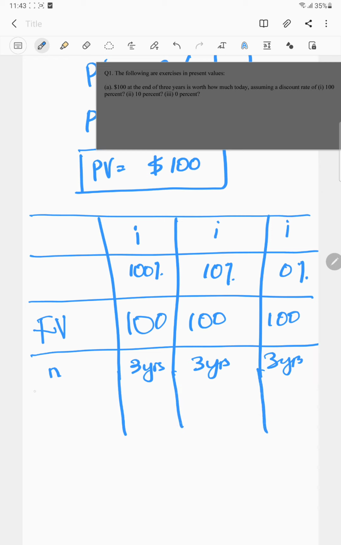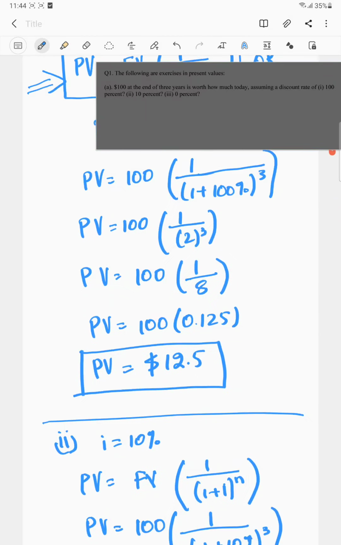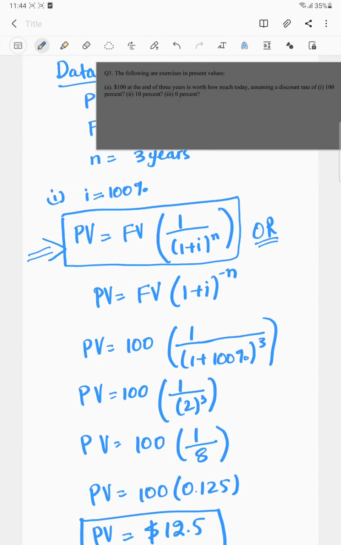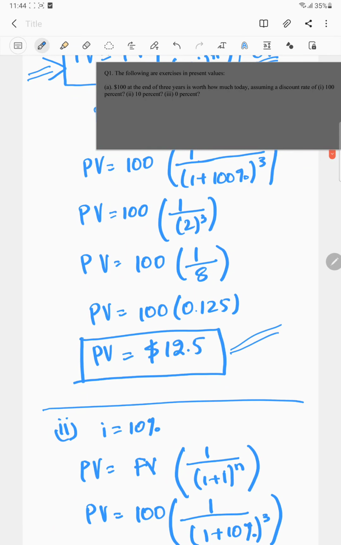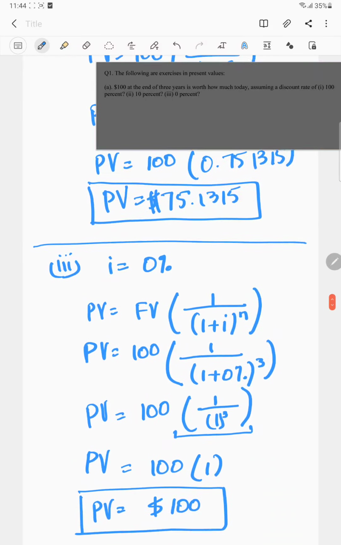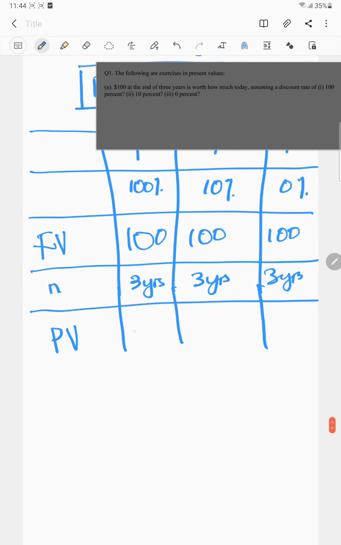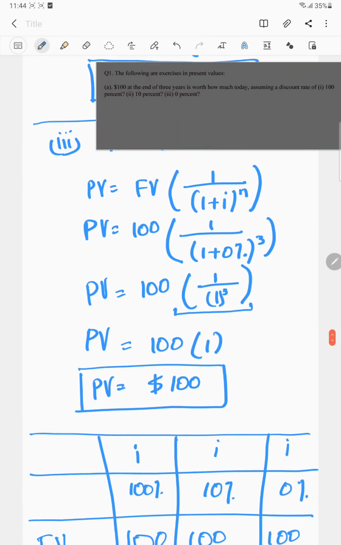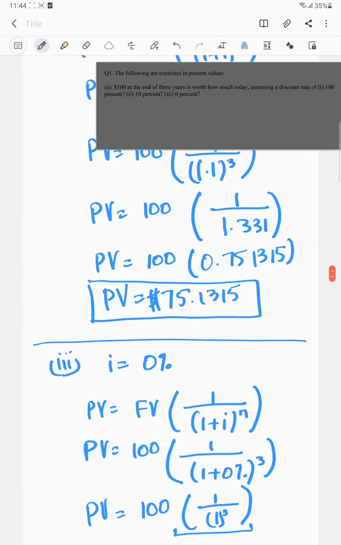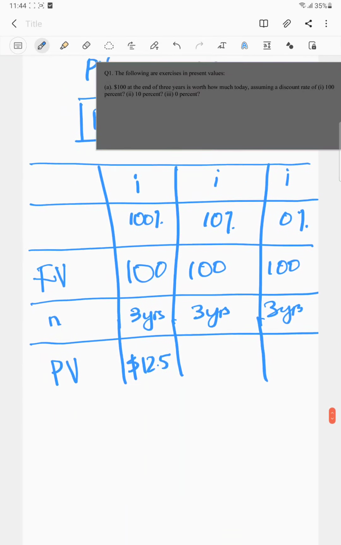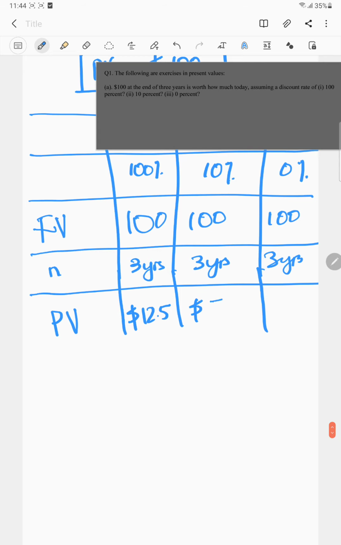However, our present values were significantly different. Where the interest rate was 100%, our present value was $12.5. Where the interest rate was 10%, our PV came to approximately $75. And where the interest rate was 0%, my present value is $100.